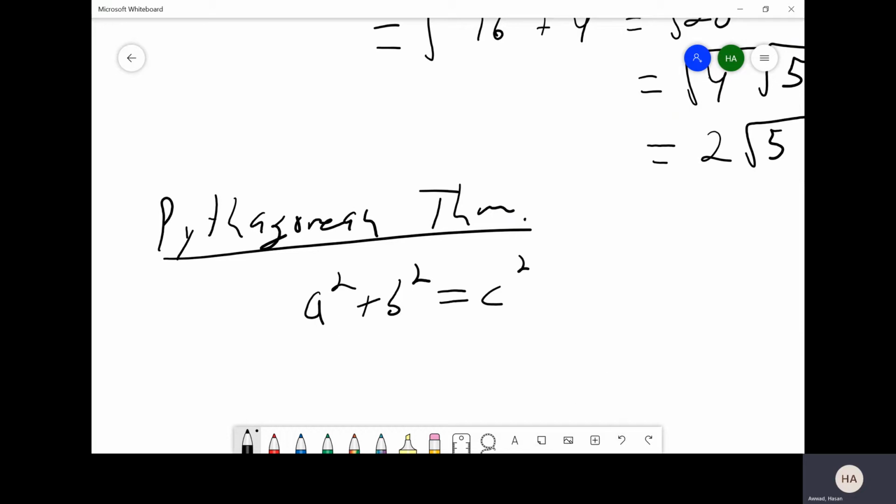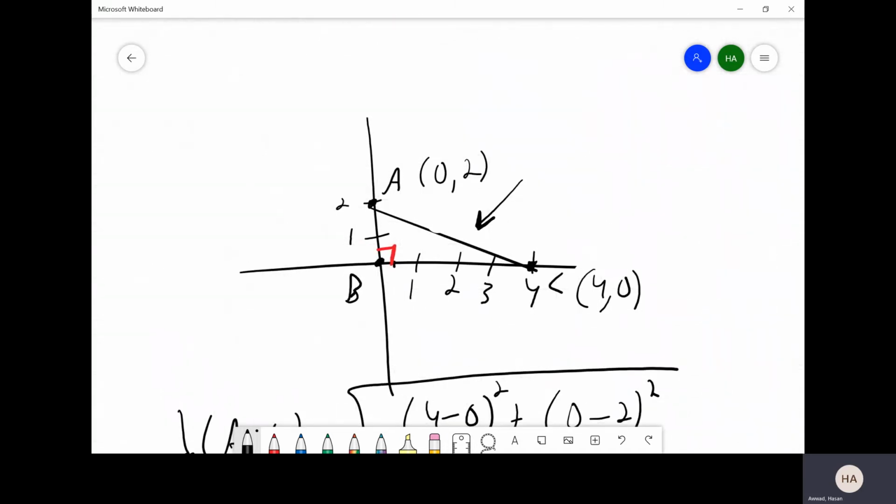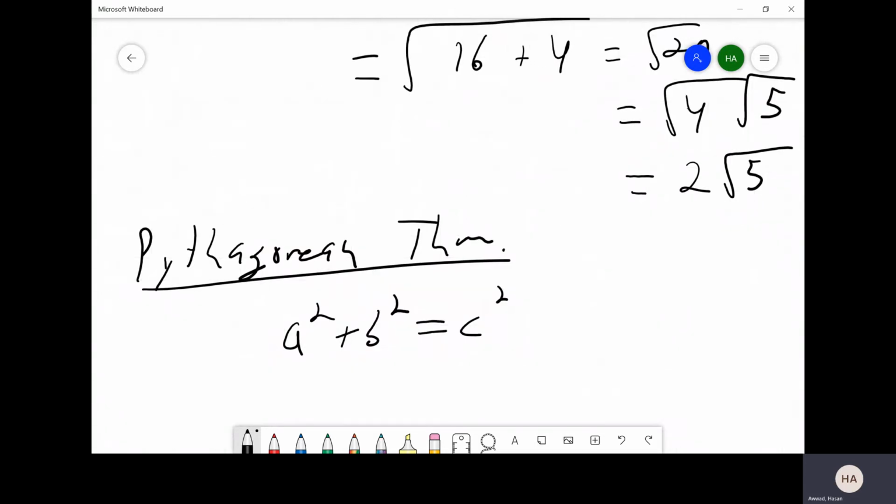Okay? So how is this going to come into play here? Well, what I want you to do for your first classwork assignment is I want you to try to find the length of side AC, but this time using the Pythagorean theorem. Okay? So what does that mean? Again, what that means is we're solving for C using this Pythagorean theorem right here.